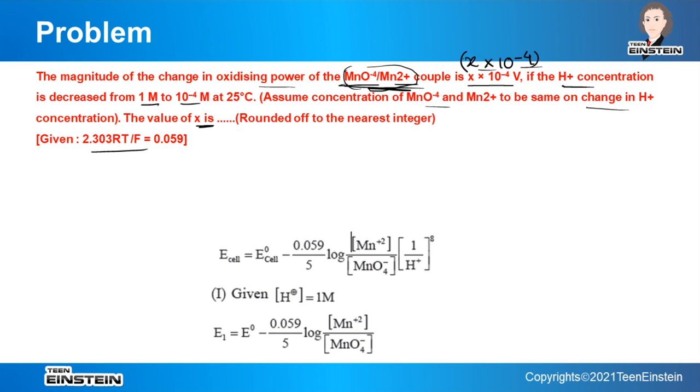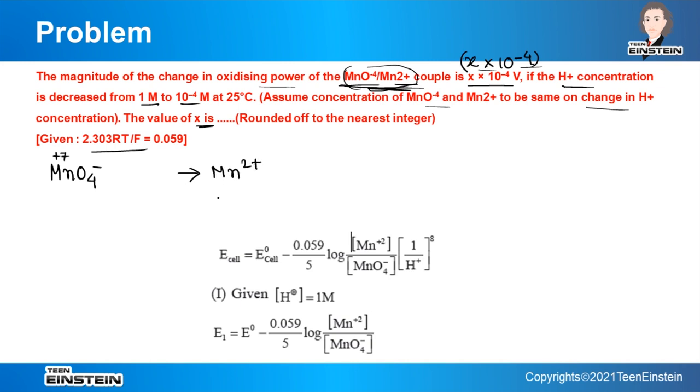So for the first part, okay, let me write the equation. MnO4 minus, and remember this is in acidic medium. MnO4 minus, here oxidation state is +7. It is reduced to Mn2 plus.